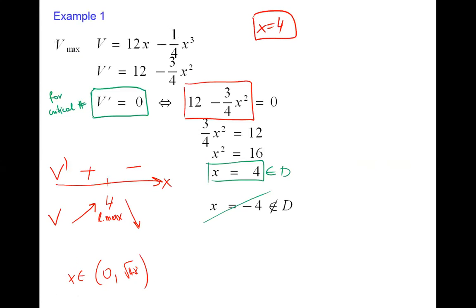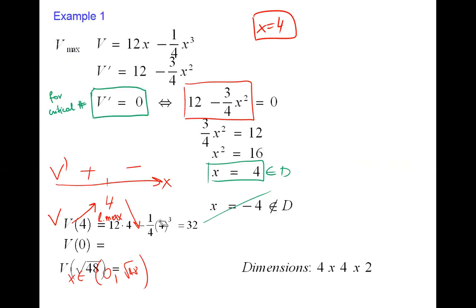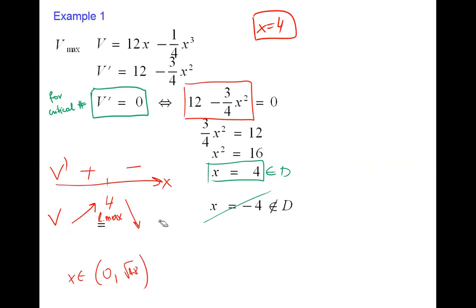That means, what are the dimensions? We need 4 by 4, that will be the base. We don't need the endpoints part, because we don't have a closed interval. We just have to find h. Do you remember what h was? 48 minus x squared over 4x, I think.